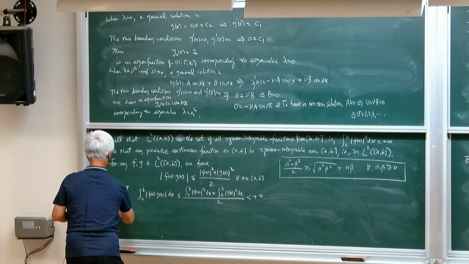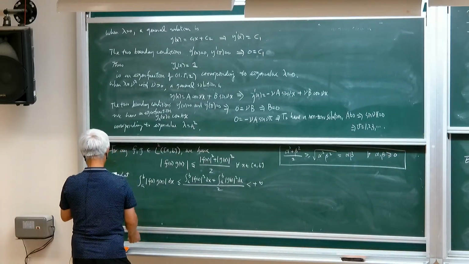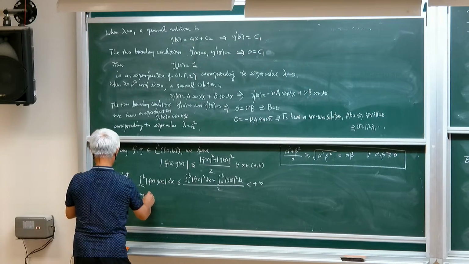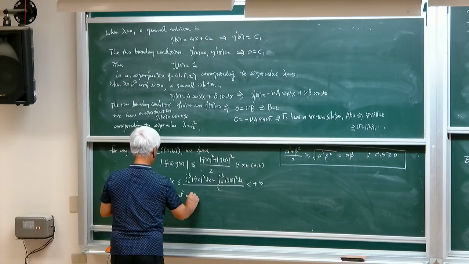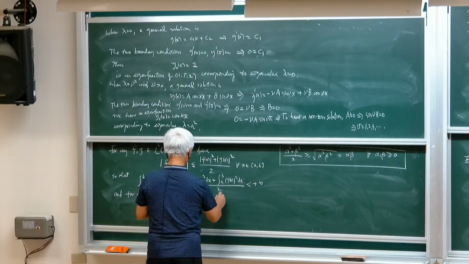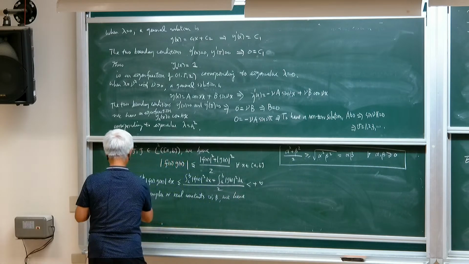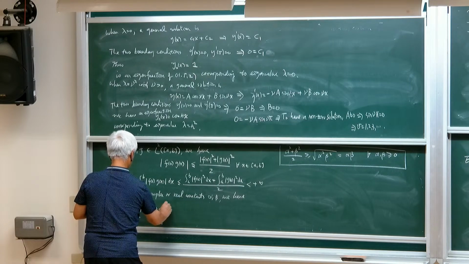And for any complex or real constants alpha, beta, we have the integral over [a,b] of alpha f of x plus beta g of x.